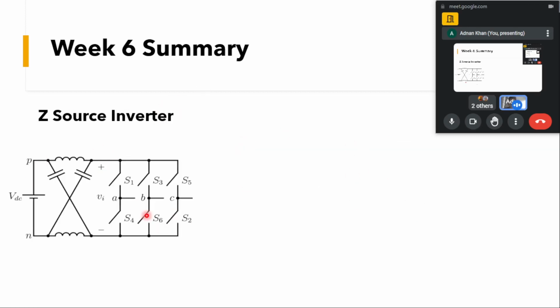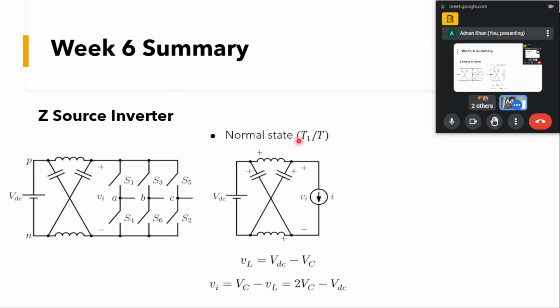Coming to this, we can have different modes here. This is the normal state, where we can resemble this as some load through which current is flowing, and we can represent this side as a current source, and VIN is the input voltage, and VI is the voltage here. This is the normal state when this will be on.